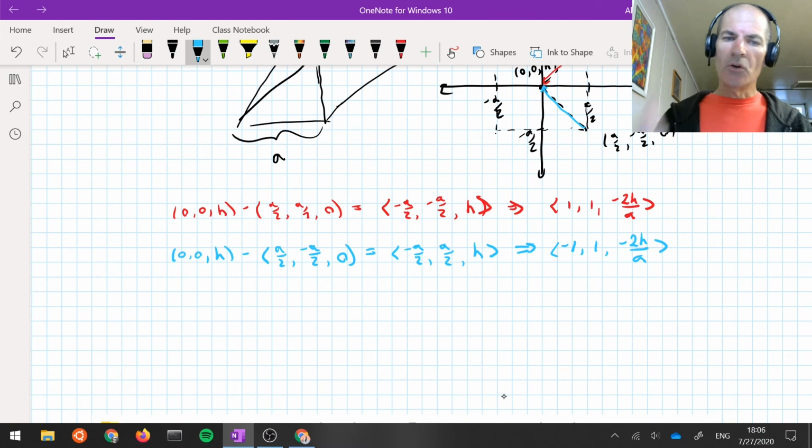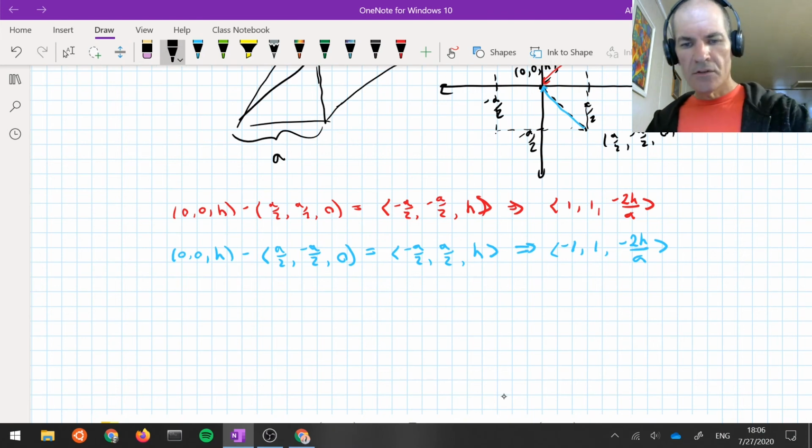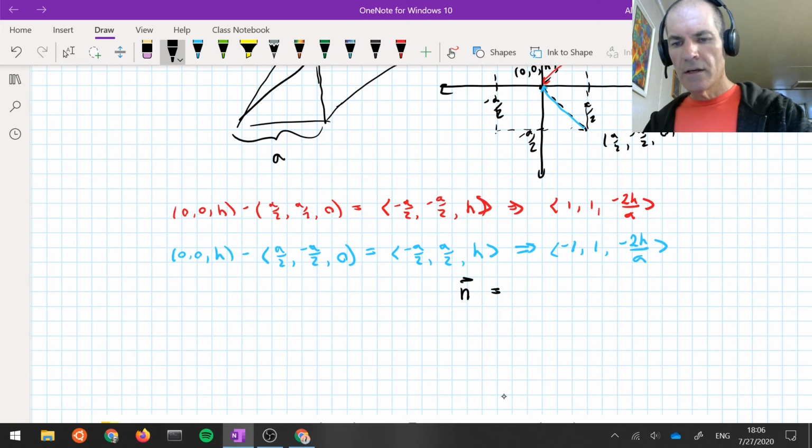Now we need to find the normal vector of the plane, so we'll call that little n, and we will write it as the cross product of these two vectors. In the first coordinate, we have -2h over a minus -2h over a. That's going to net out to 0.